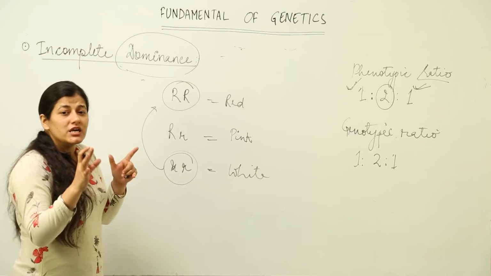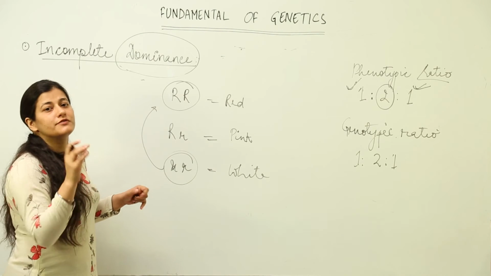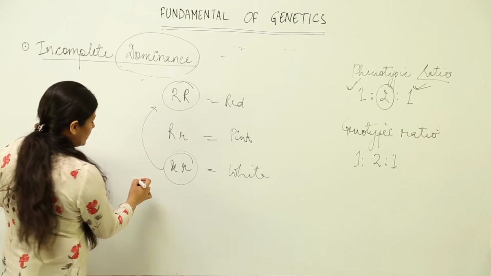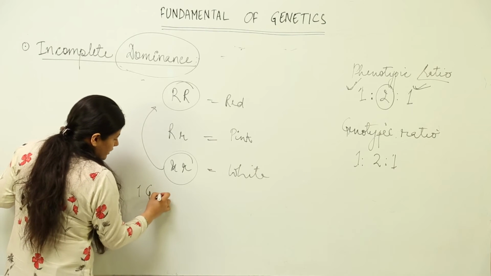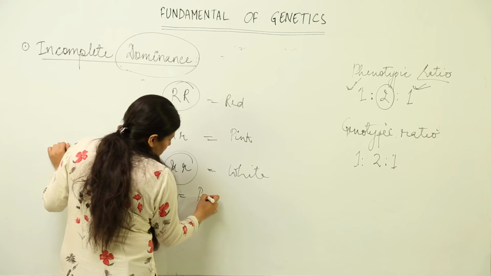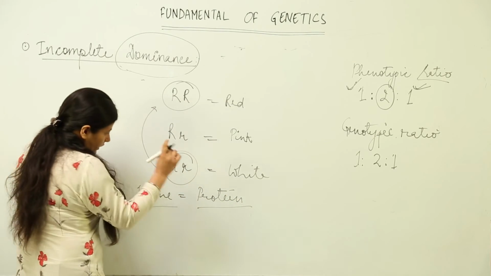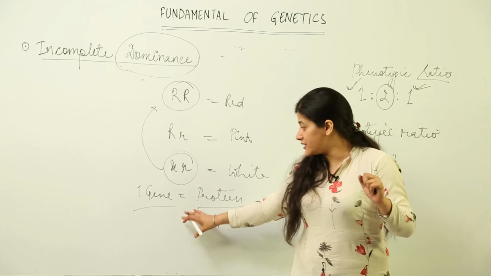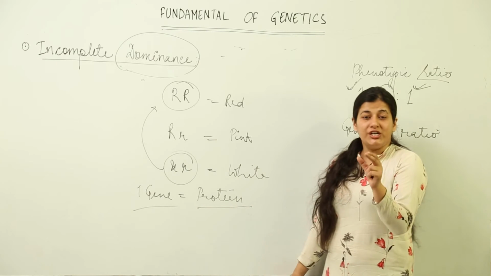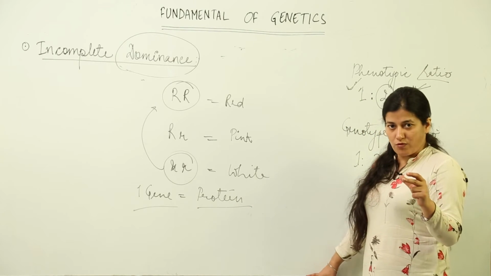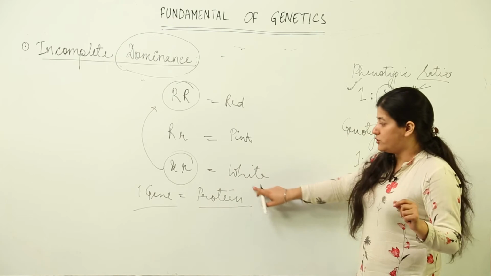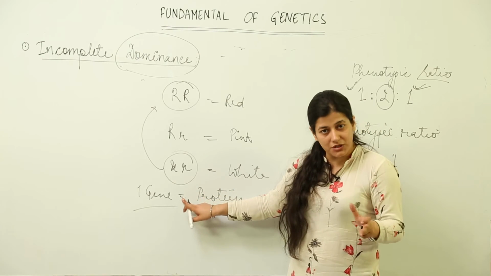Every gene is responsible for production of some kind of protein. We know that if we are considering a gene, it would give rise to a protein. For now, you don't know the biochemical characterization of this particular process, but do remember, a gene expresses itself in the form of a character only if it produces a specific protein.